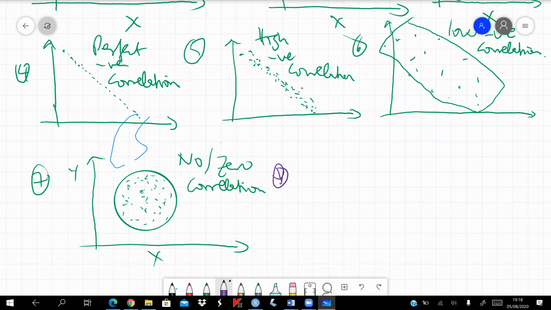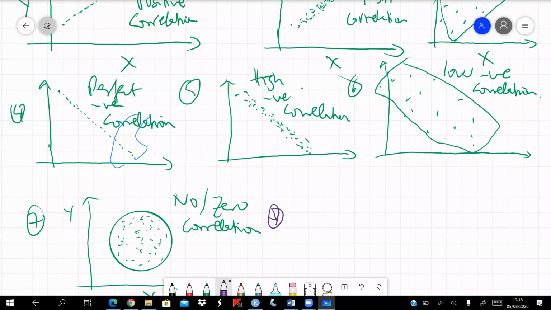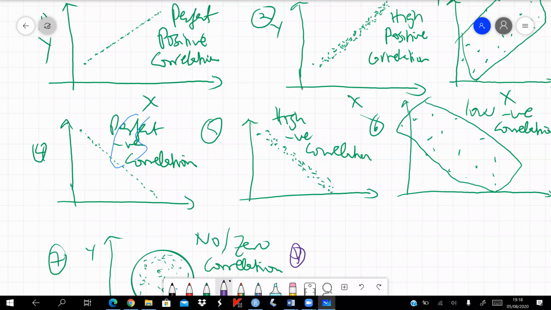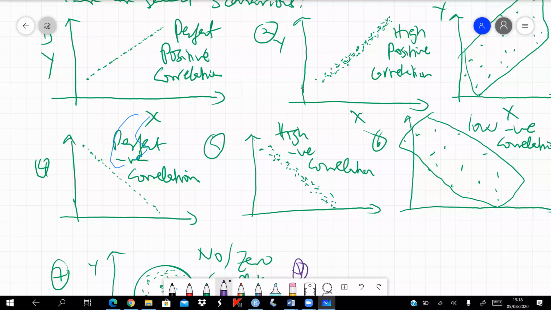When you are dealing with the situations, especially situation number 2, 3, 4, and 5, those situations may suggest that you may want to find what we call the cause and effect. And cause and effect is not given by correlation. Cause and effect relationship is only obtained through regression analysis.